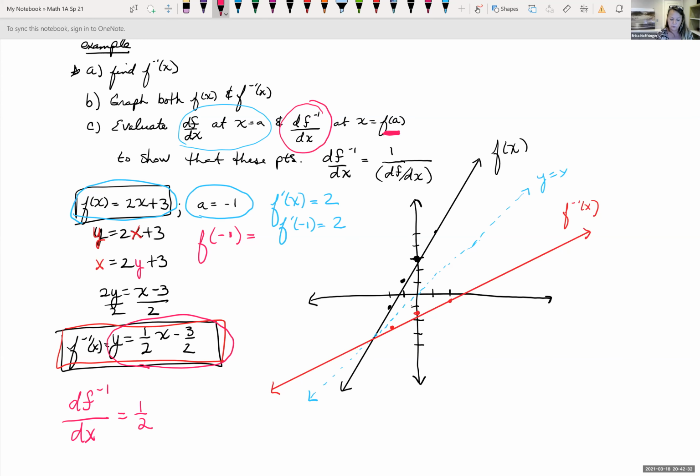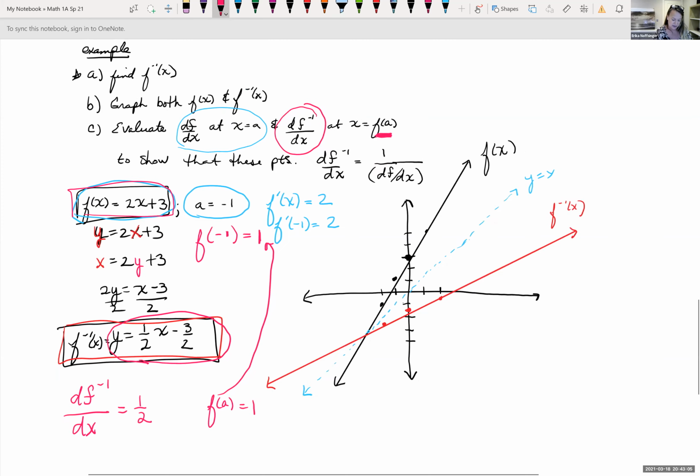So plugging in -1 into our original function, we get -1 times 2 is -2, and then plus 3, so that's going to give me 1. So this is my f of a. In this case, it really doesn't matter though, right? Because if I'm going back in here and plugging in 1 wherever I see an x, there's no x.